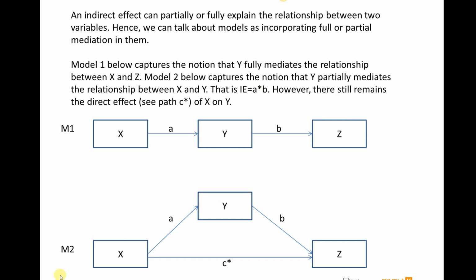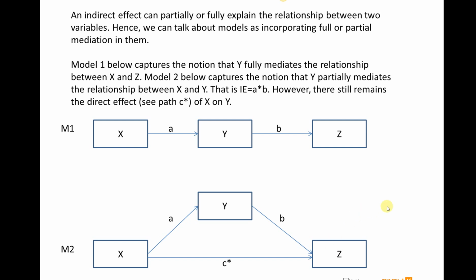Now in Model 2, we have a partial mediation model. In this case right here, the effect of x on z flows in part through y, which is our proposed mediator. So again, the indirect effect is calculated as path A times path B coefficients. But we also have what's called a direct effect between x and z. In this case, there is no proposed mediation here, but part of the influence of x on z is direct.